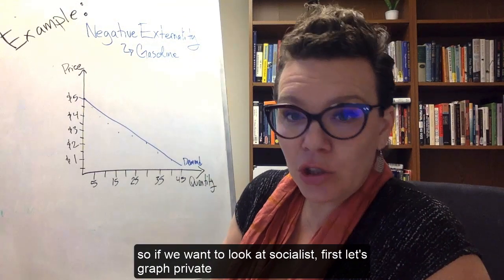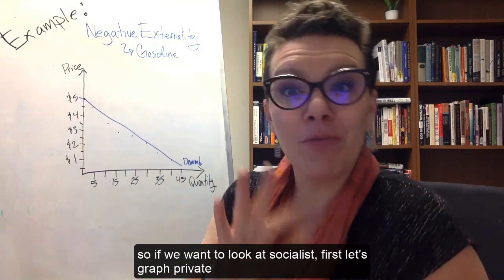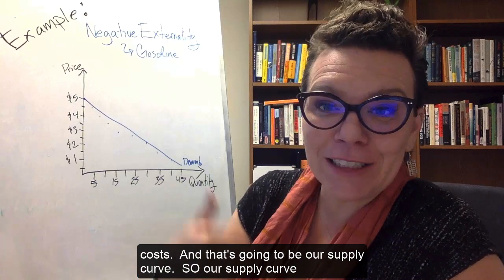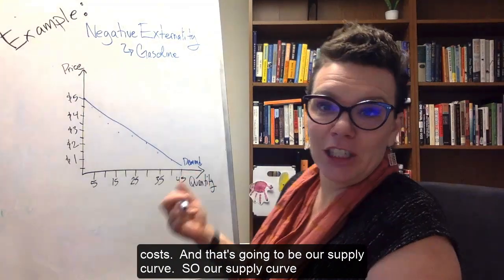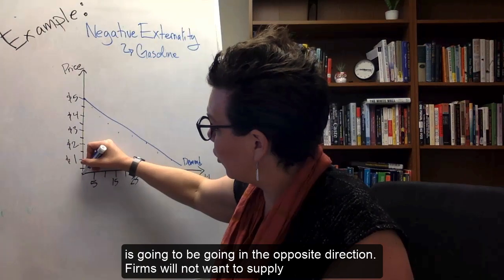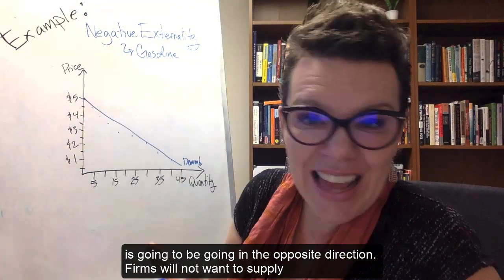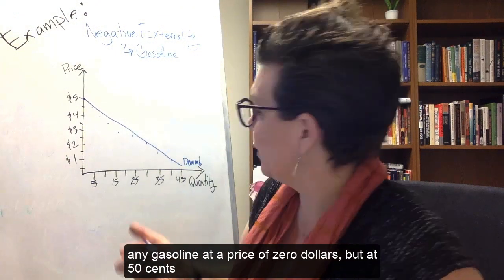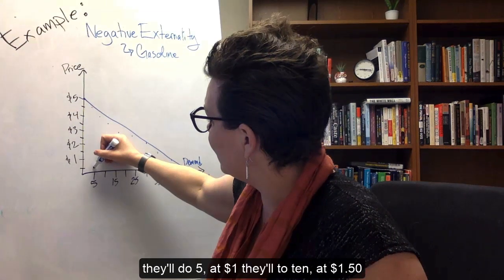So if we want to look at social cost first, let's graph private cost, and that's going to be our supply curve. So our supply curve is going to be the opposite direction. Firms will not want to supply any gasoline at a price of $0. But at 50 cents, they'll do 5.